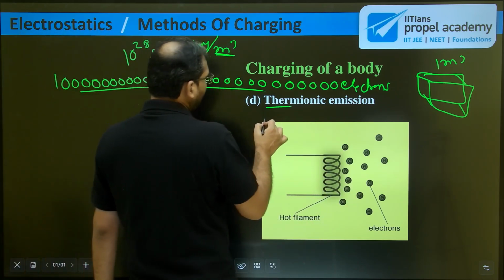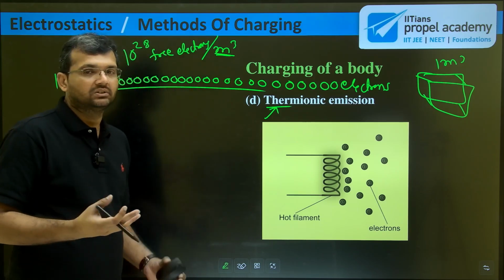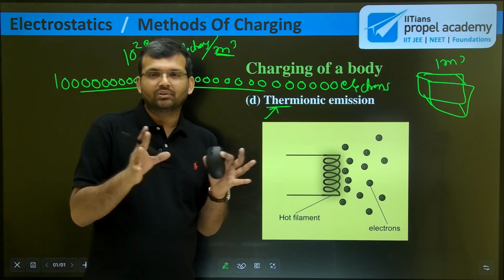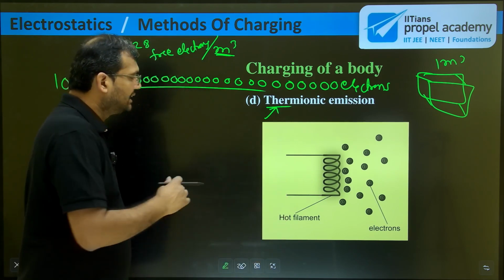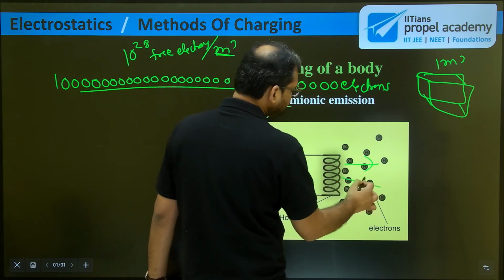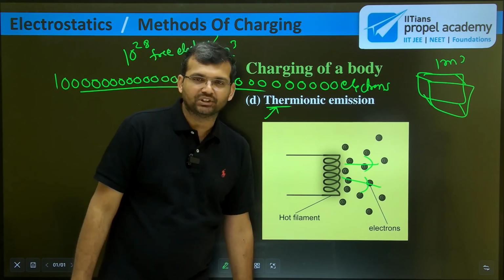So thermionic, here I am giving energy with the help of heat. By giving heat energy, atoms will vibrate more, and a few electrons will gain that energy and they just come out. So this method is called thermionic emission.